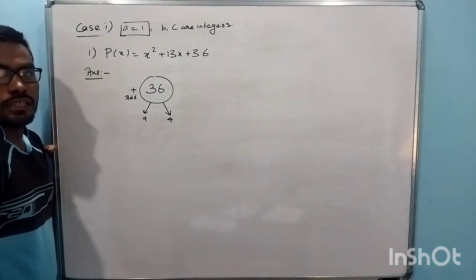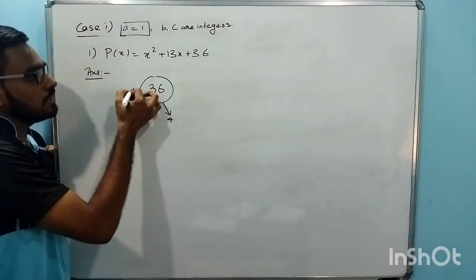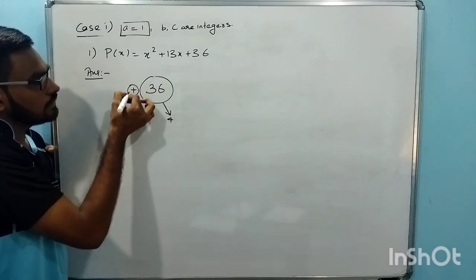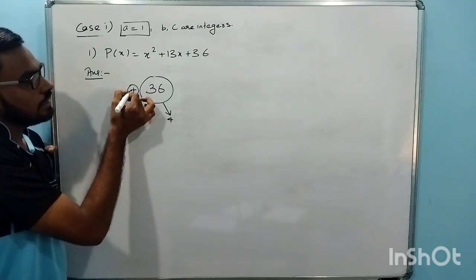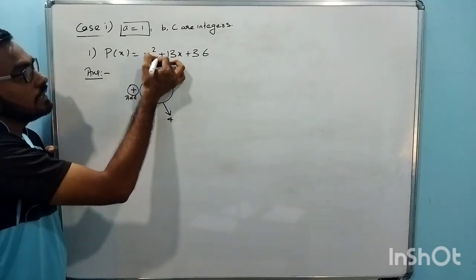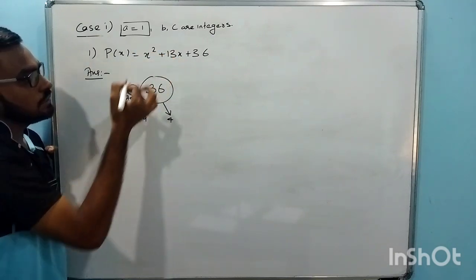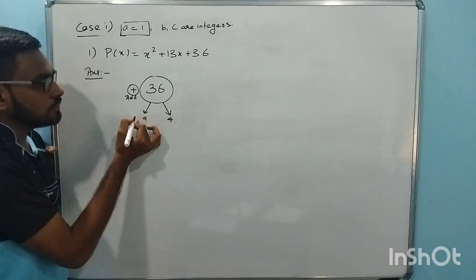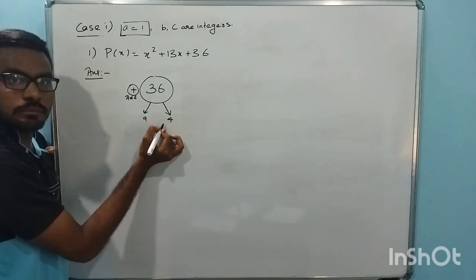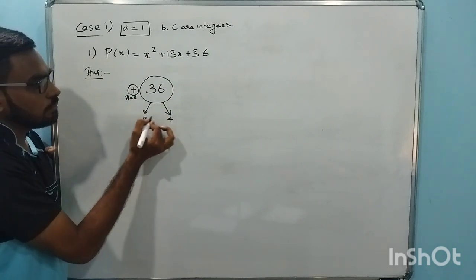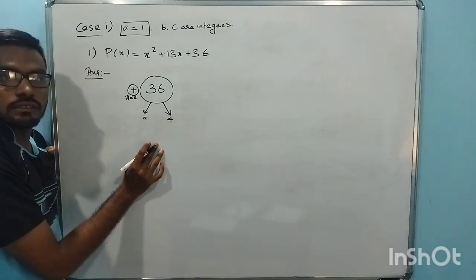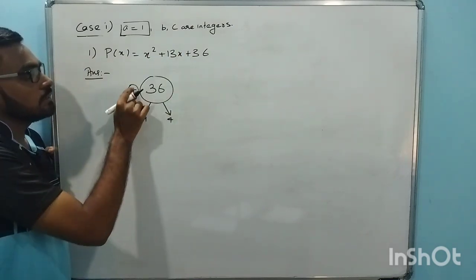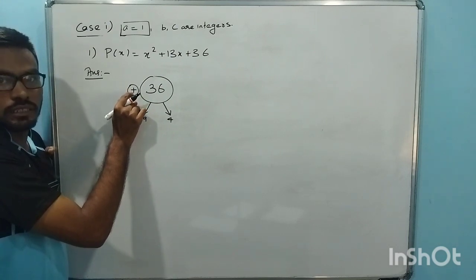Next, if the sign here is plus, you should give plus to both numbers, and if it is minus, you should give minus to both numbers.